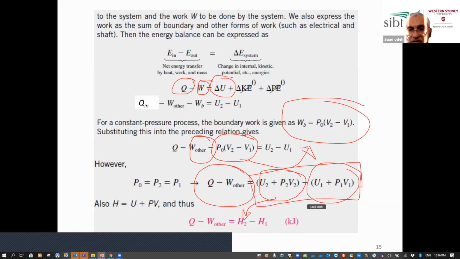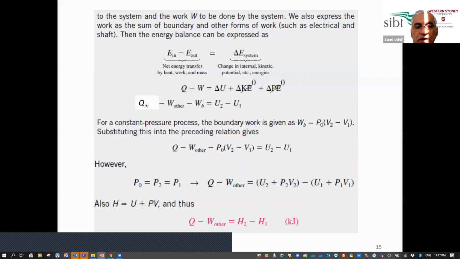All right. So we can reduce the equation from what we had before to this one. Q minus W is equal to change in enthalpy between point 1 and point 2, or change in enthalpy of the steam. Okay, and then we can go to steam tables and find this easily from steam tables. All right, so let's go back to the second requirement.